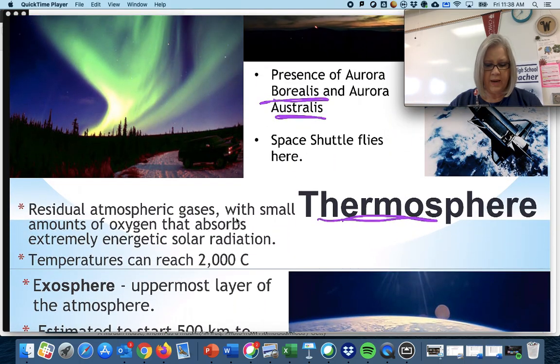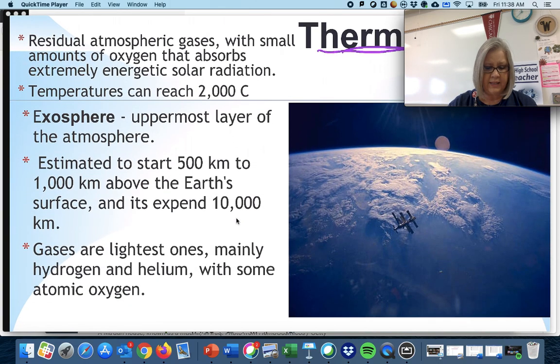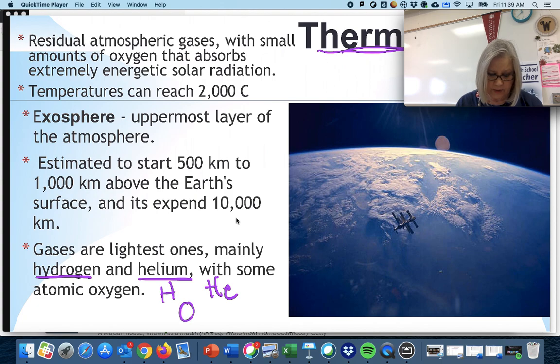Once we get up to the thermosphere, the air is getting lighter and lighter. Remember, this is all layers, and it's all built on gravity. So by the time you get up to the exosphere, about the only thing left is hydrogen and helium, the two lightest elements, and a little bit of atomic oxygen, and that's it.